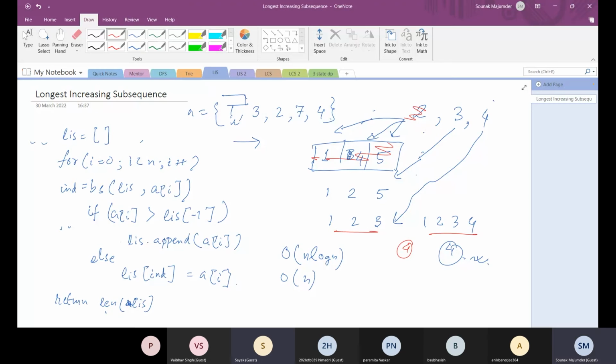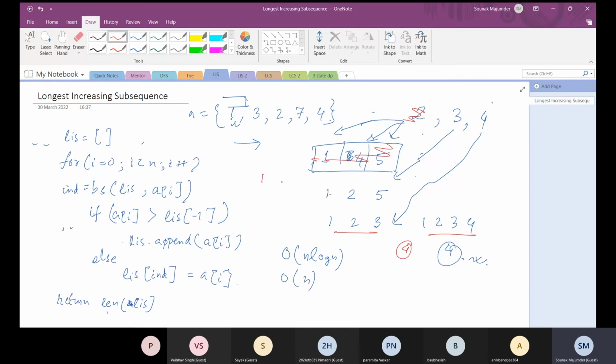So if it was 1, 3, 5 and a 2 comes, we will add 2 in place of 3. If it was 1, 3, and 5, and a 2 comes, we will place it over here.